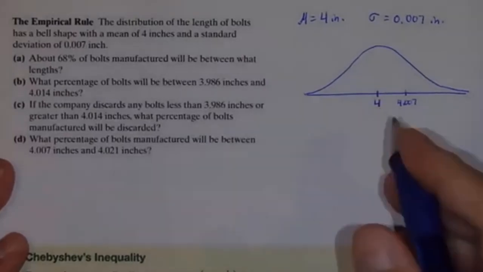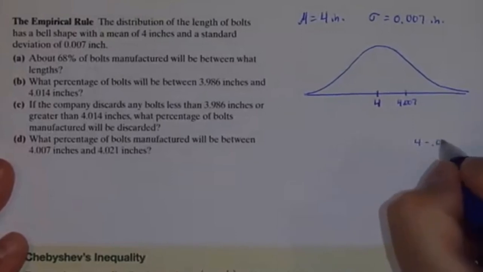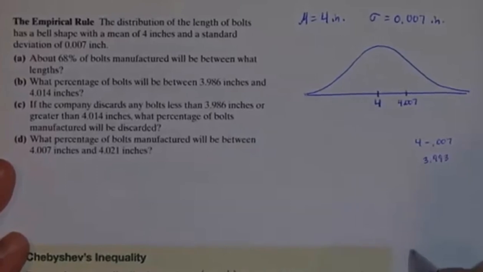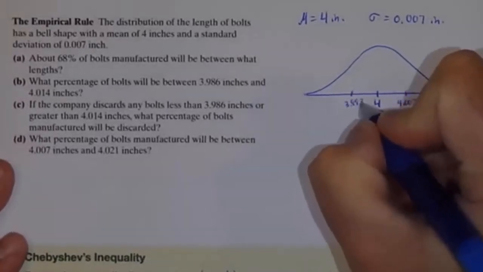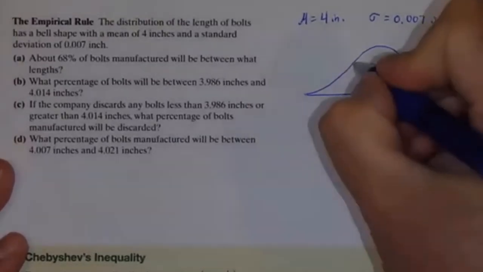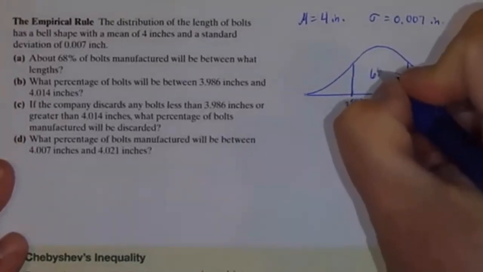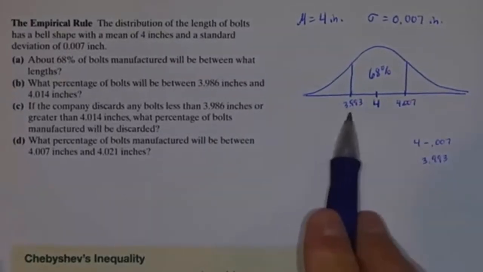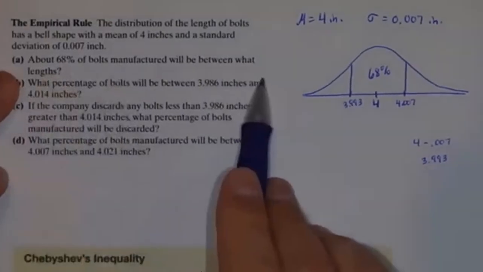If I take 4 minus 0.007, that would be 3.993. So 3.993 would be right here. That's 1 standard deviation below the mean. So between that value and that value, about 68% of the bolts manufactured are going to be between these two lengths. So that's going to answer my question here.